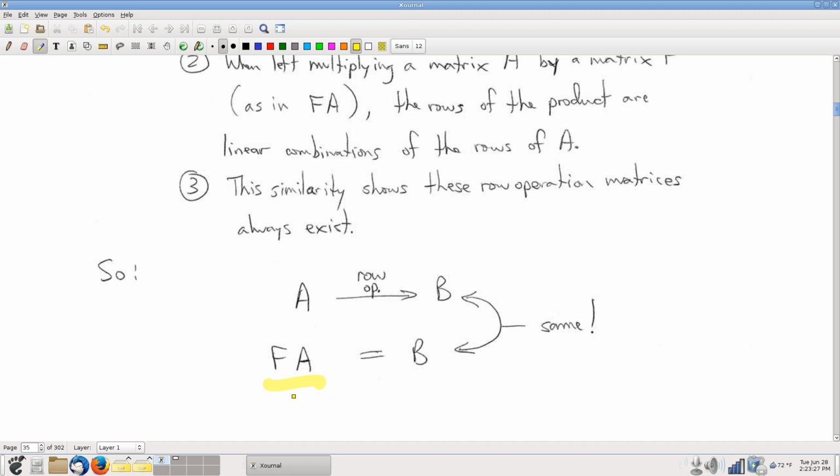Matrix multiplication is algebra. I can do algebra of these kinds of equations, and the fact that this algebra has properties that we know are always true gives us the potential to make additional, more powerful interpretations of these row operations, and that's exactly what's going to happen.